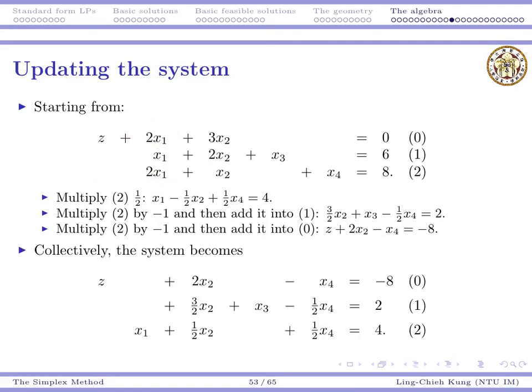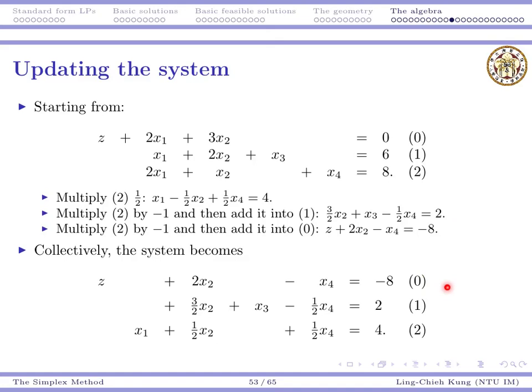And the system would be updated from the original one to the new one. I have an identity for basic variables in the constraints and I have nothing for the basic columns in the objective function. That's something I want from the old one to the new one.